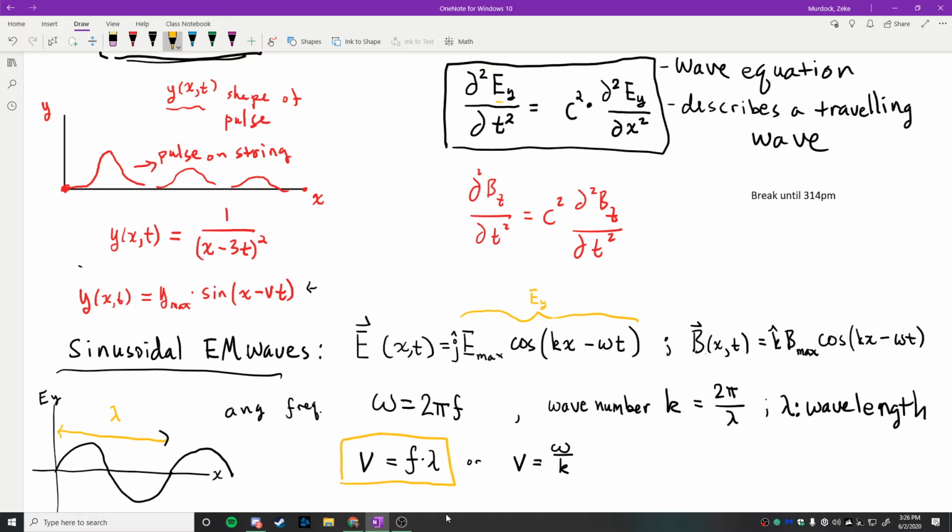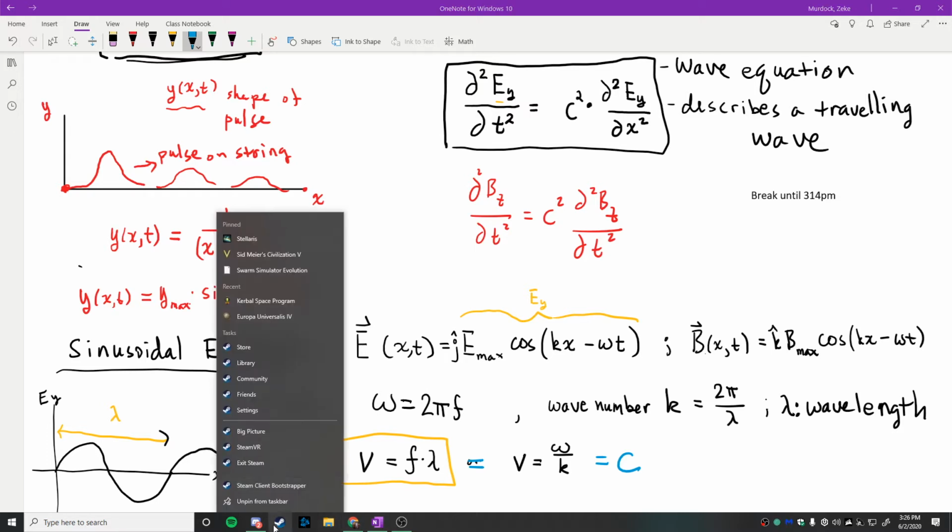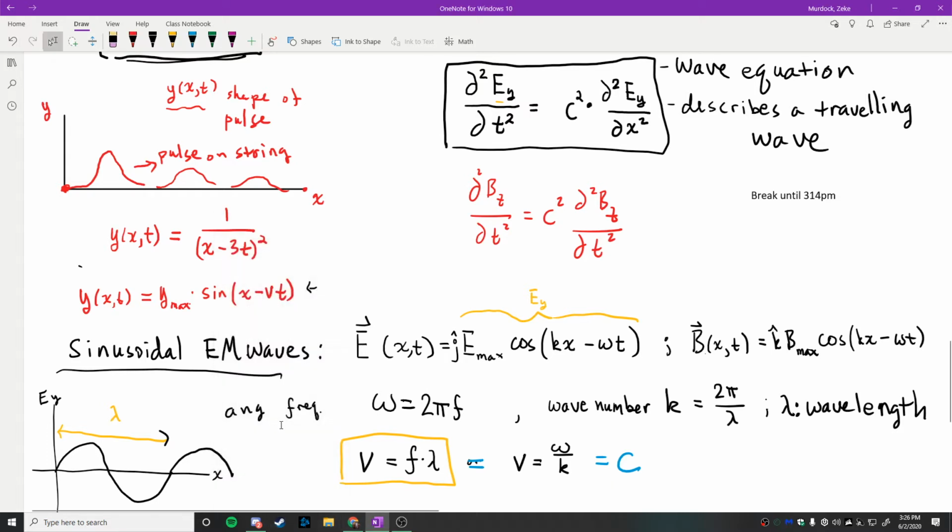And specifically, in the case of what we're talking about here, both of these things happen to be exactly equal to the speed of light c. So this is equal to c and this is equal to c. Both of these are for the velocity. All right.